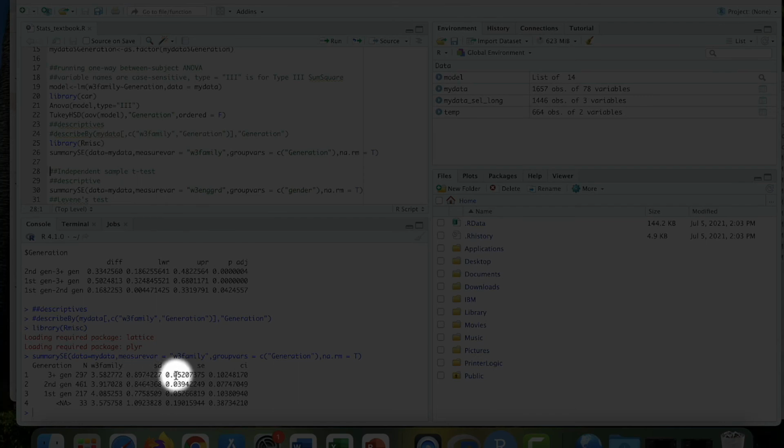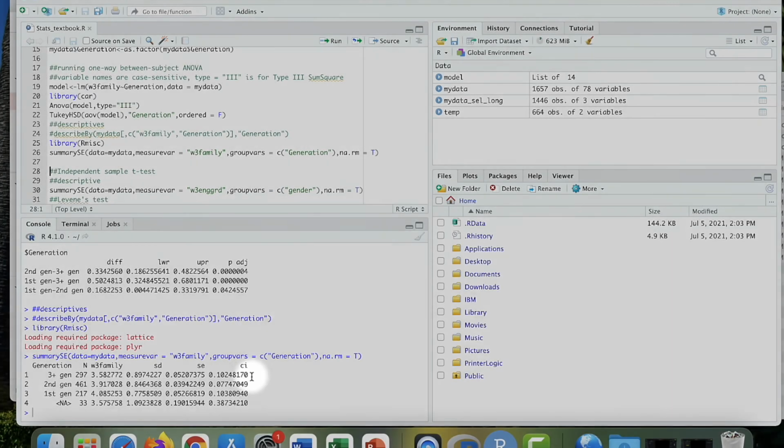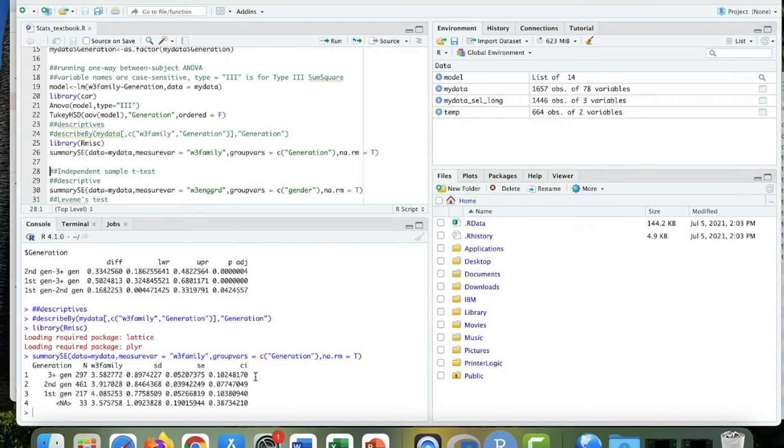And then the standard error of the mean is here. See how it looks like a confidence interval. I'm not sure exactly what that means, but I think it might be the range of the confidence interval, but I'm not positive. That would be the confidence interval for the mean of third generation students on wave 3 family.